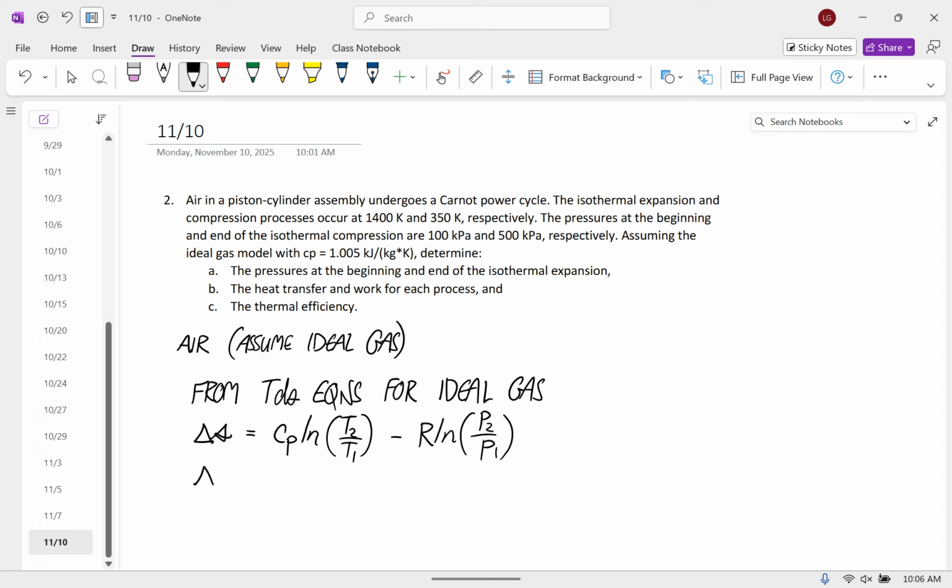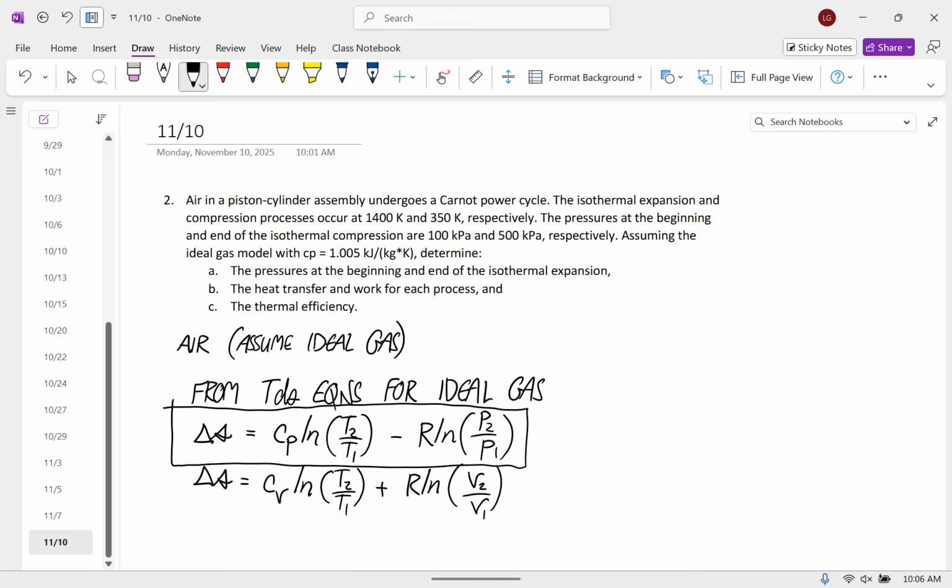And then we had the other one that said the change in specific entropy is equal to Cv times the natural log of T2 over T1 plus R times the natural log of V2 over V1. We're trying to figure out stuff about pressure, and we're given a value for Cp, which makes it seem like this is probably the one that we're interested in.